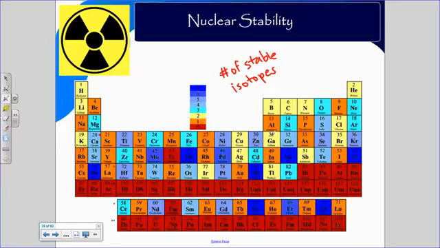Elements 21 to 83 for the most part are stable, but once you get to 80, this is technically untrue. Bismuth, though it is technically considered unstable, its half-life is so long that it's perfectly stable, on the order of millions and millions of years for each atom to decay and lose energy. So bismuth is considered stable. So in this graphic, I'm going to ask you to please forgive me.